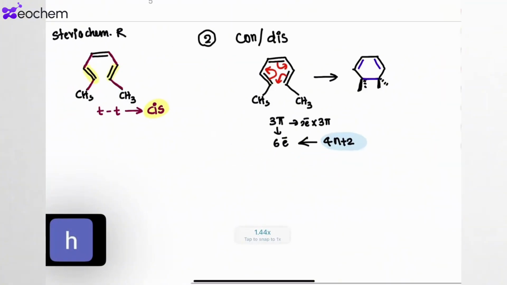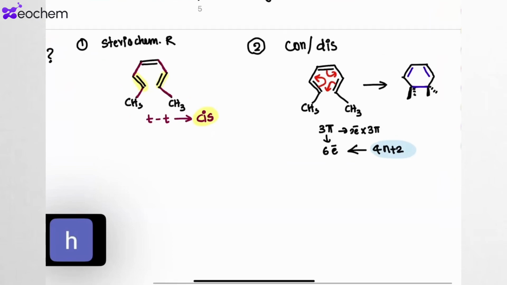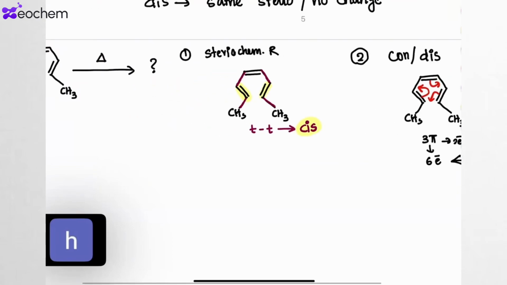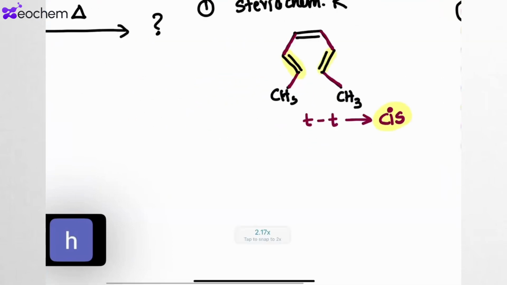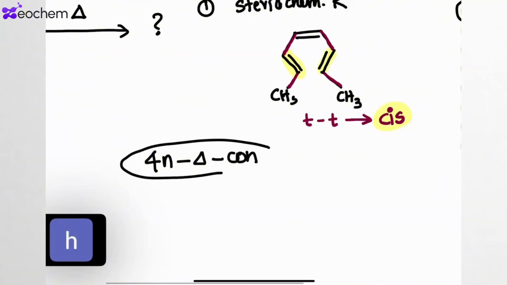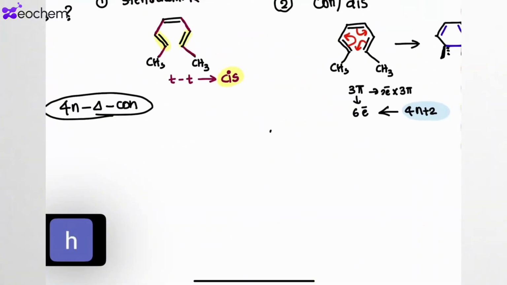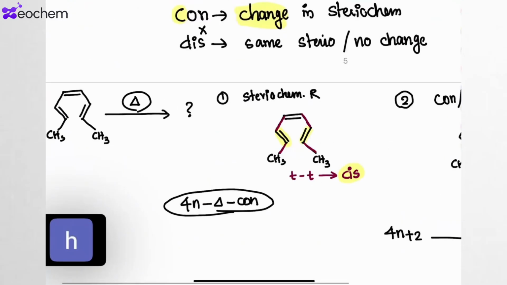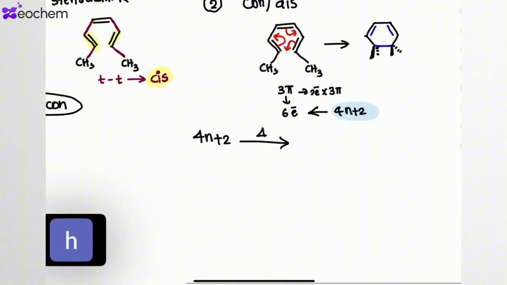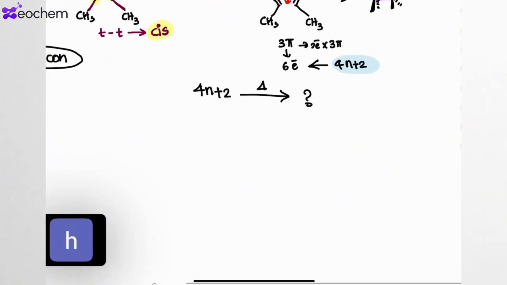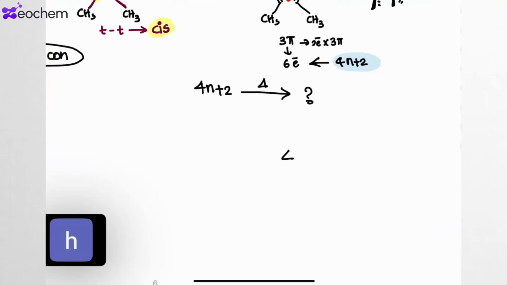Now we'll go back to the selection rule that we already know, which is that 4n delta is con. This is the relation we already know. So now we need to find, in a 4n plus 2 system, in what condition, look at the question, in thermal condition, which rotation will happen? That's our next doubt. So for that, we'll write a relation. We have two systems, either 4n system or 4n plus 2 system.